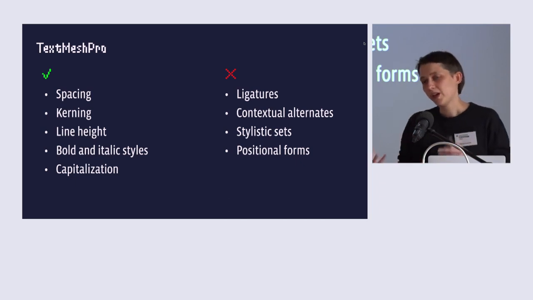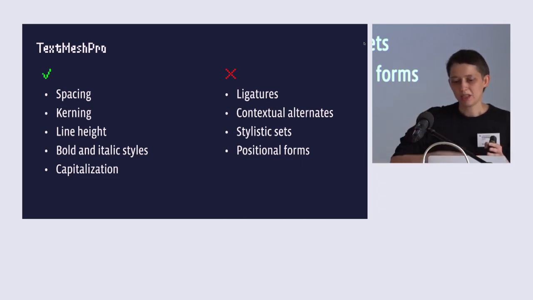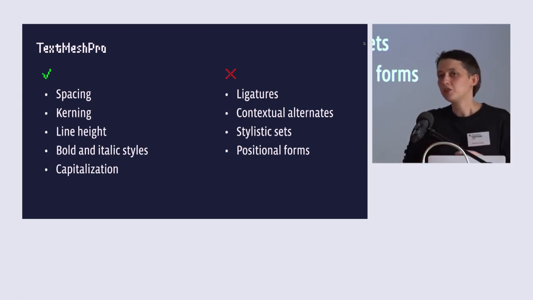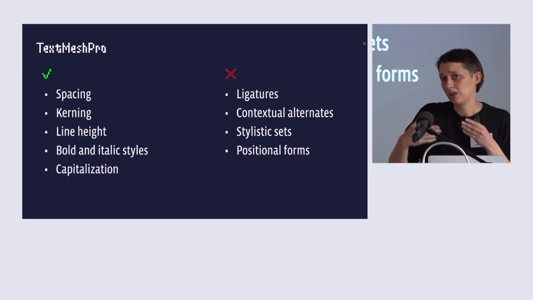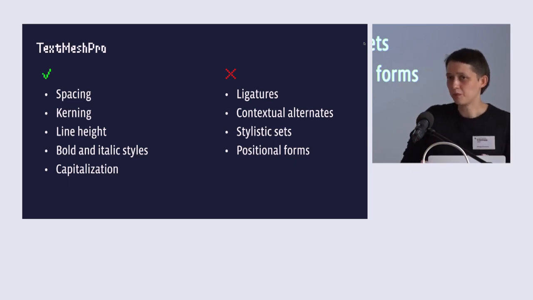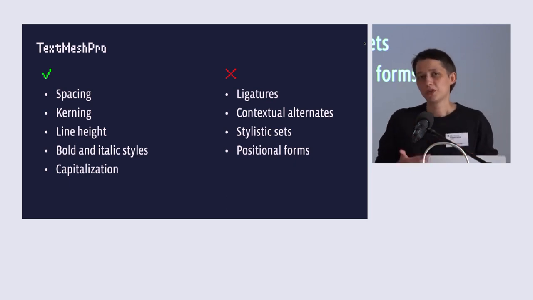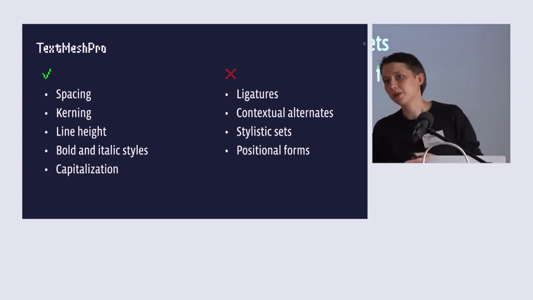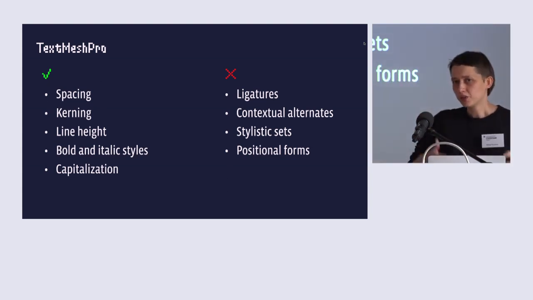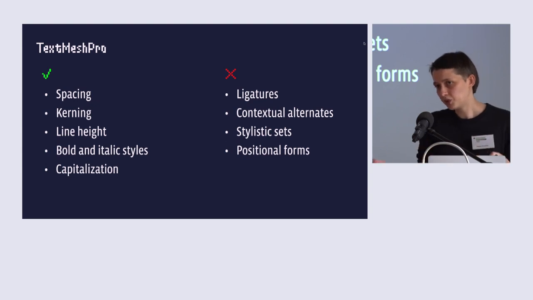But there is no way to take out the information from the OpenType font about ligatures or contextual alternates or stylistic sets or positional forms. And of course, it has an impact on the microtypography and on the language support.